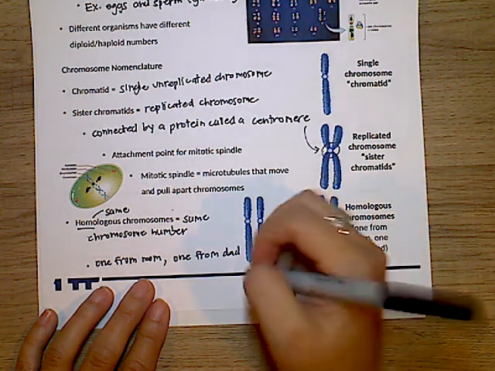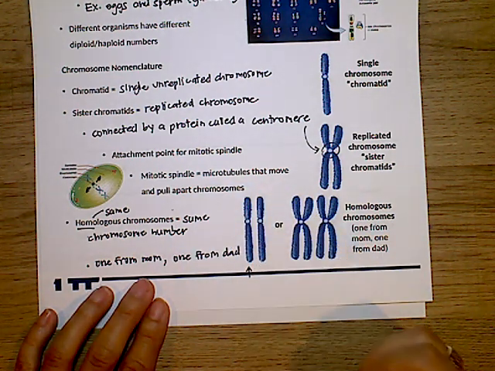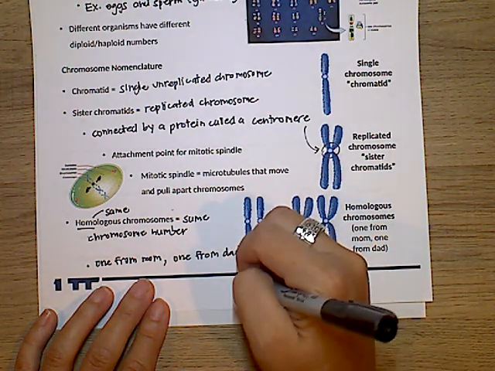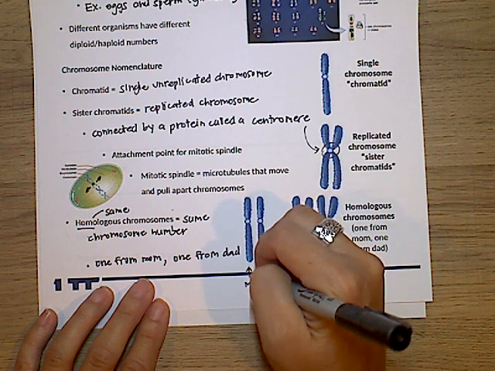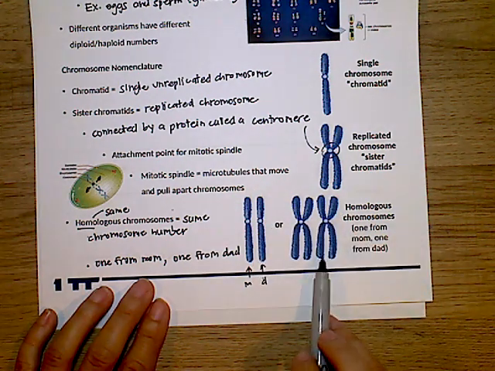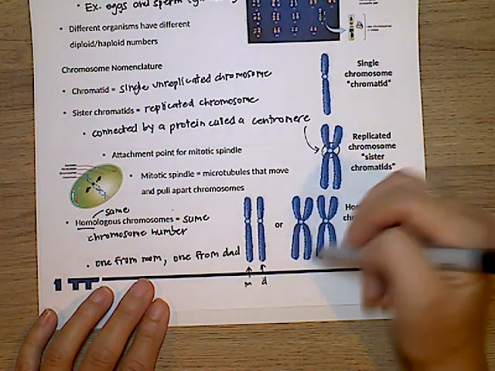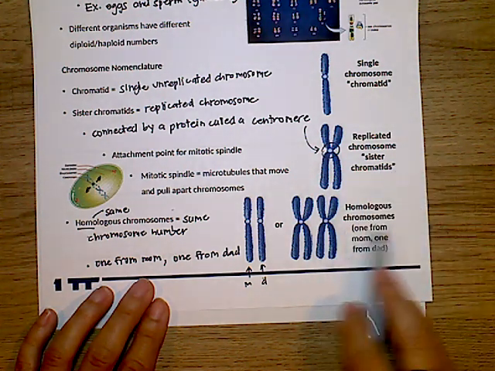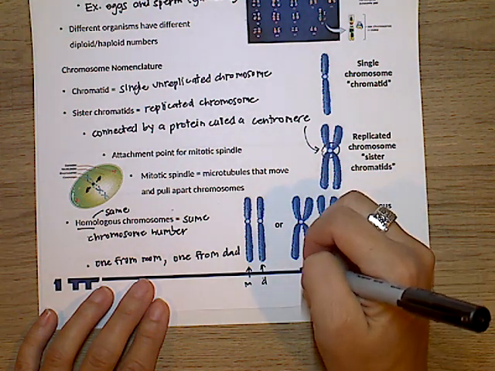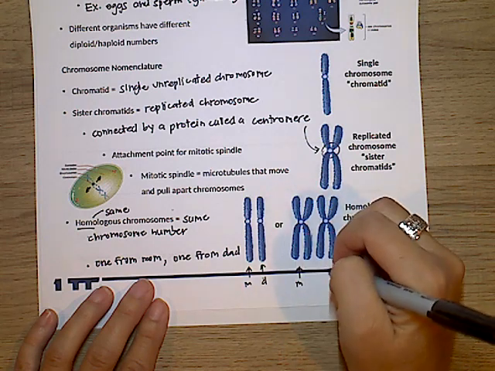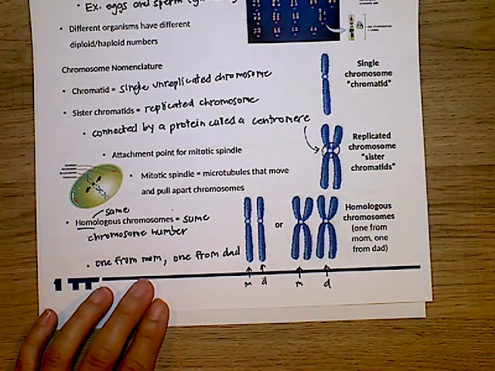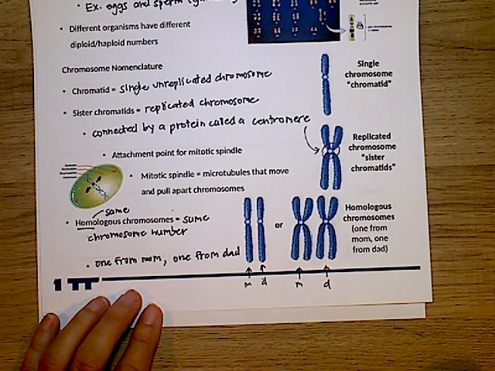So in a non-replicated chromosome, we would have these single chromatids. One is from mom, one is from dad. But here we have this replicated DNA, homologous chromosomes, and one is just the replicated version of what you got from mom, and the replicated version of what you got from dad.